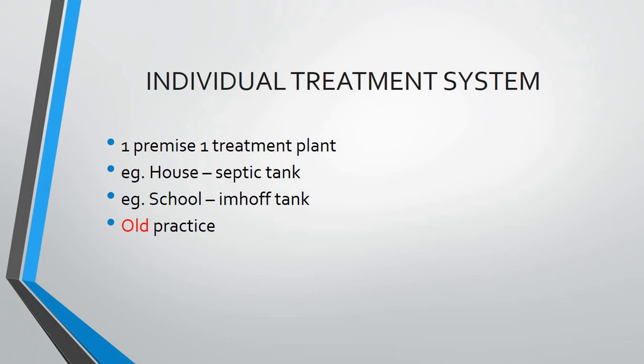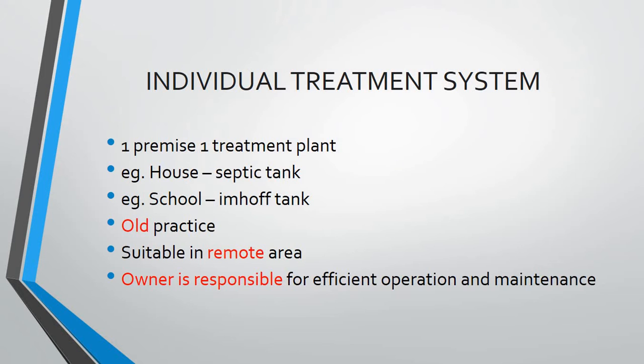Normally, if the house or the building is in a remote area, this will be more suitable. And if the house is not connected to the sewage treatment system, the owner will be responsible for the operation, the maintenance, and the construction, the establishment of this system.